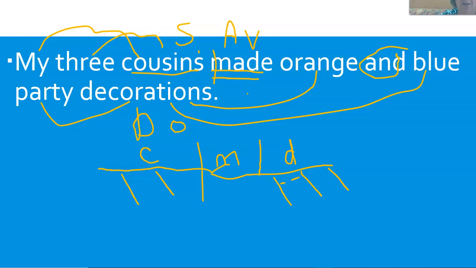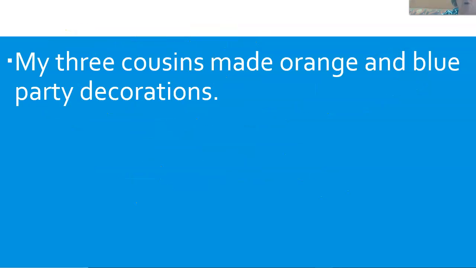So here would be my 3 orange and blue party. Okay, so that is what that preposition diagram would look like.